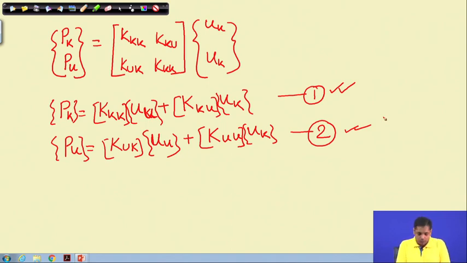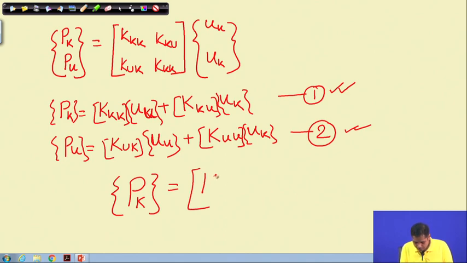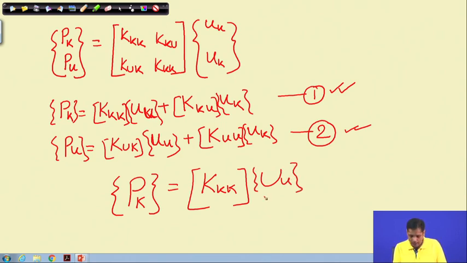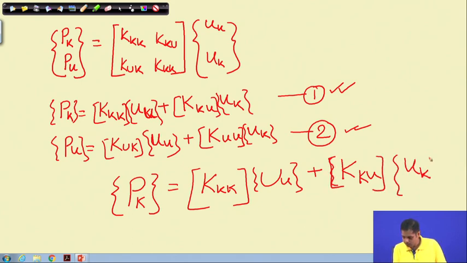Okay. Now, the first equation is, so let us write it again. P_k is equal to K_ku into U_u plus K_kk into U_k.